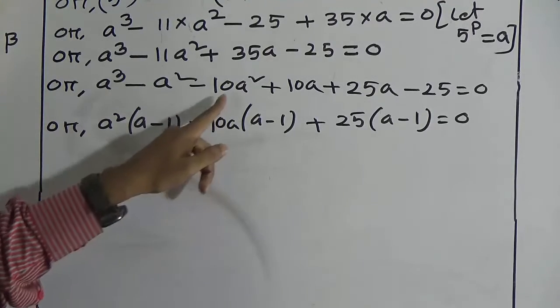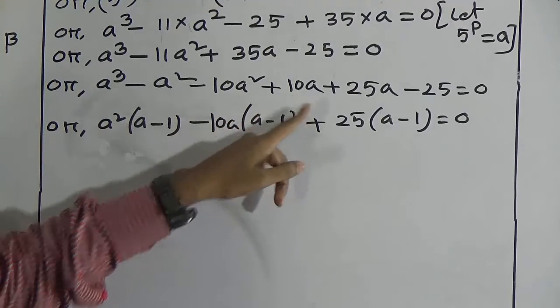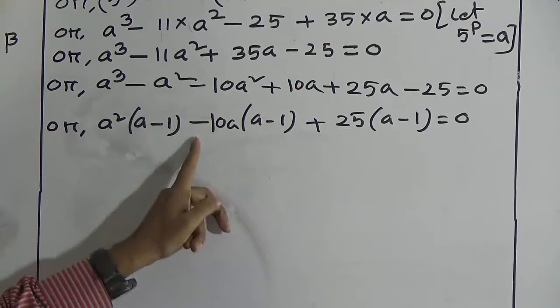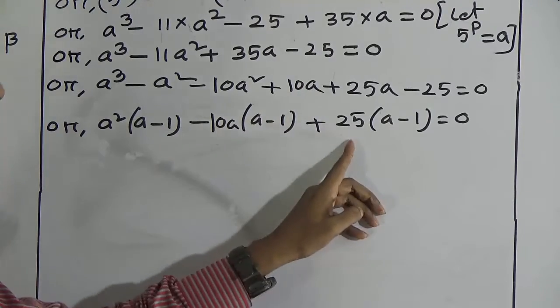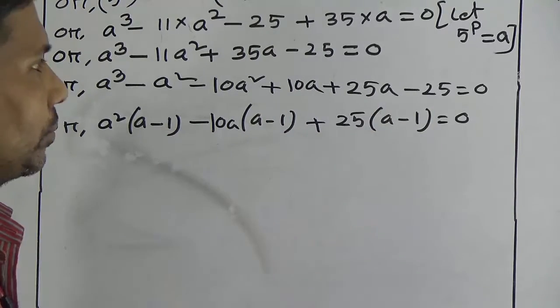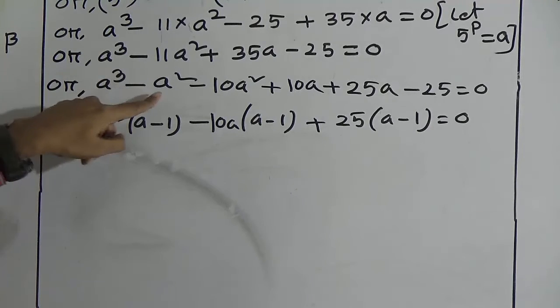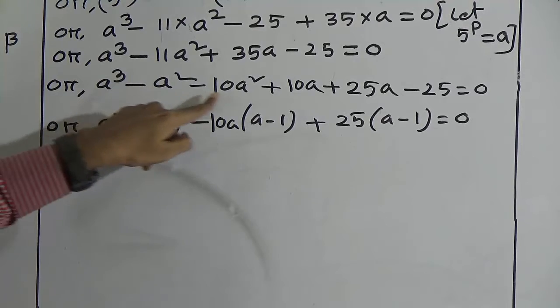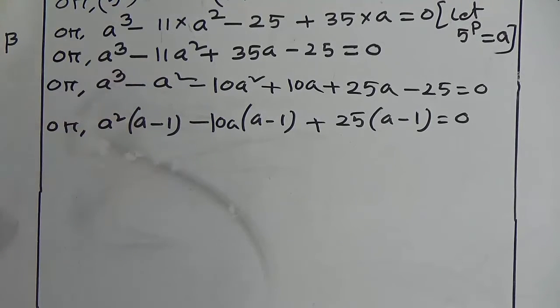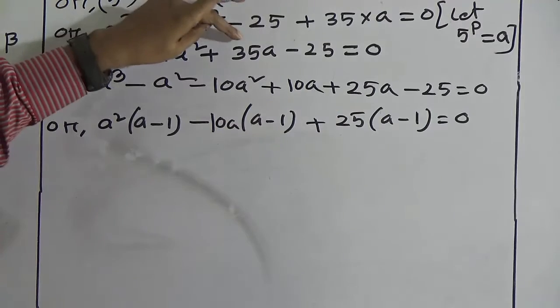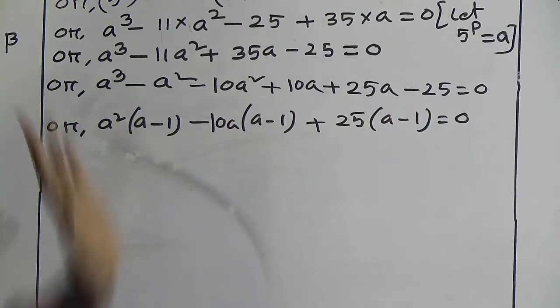Minus 10a square plus 10a, that means 10a is the common, then a minus 1. Minus 25, a minus 1. Now, you see, this is balanced or not balanced. A cube minus 1a square minus 10a square, that means minus 11a square. 10a plus 25a equal to 35a. Minus 25, minus 25. Okay?